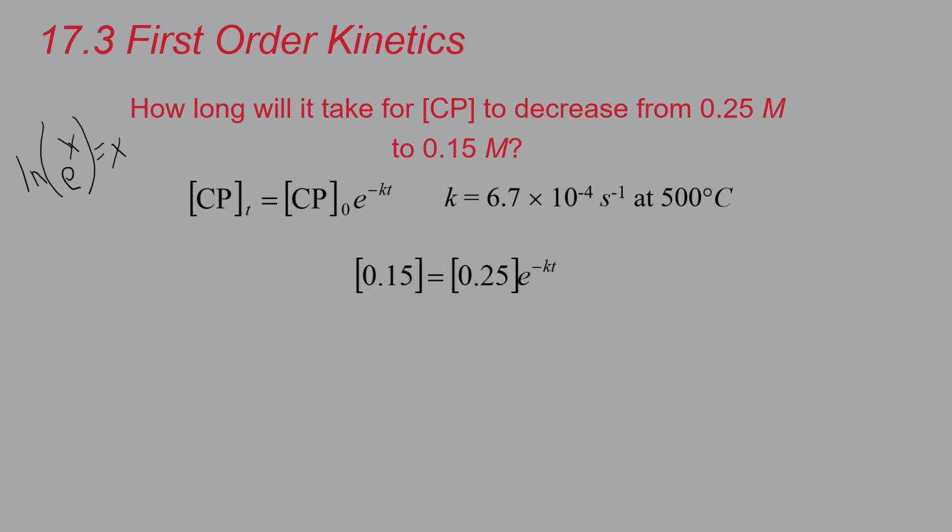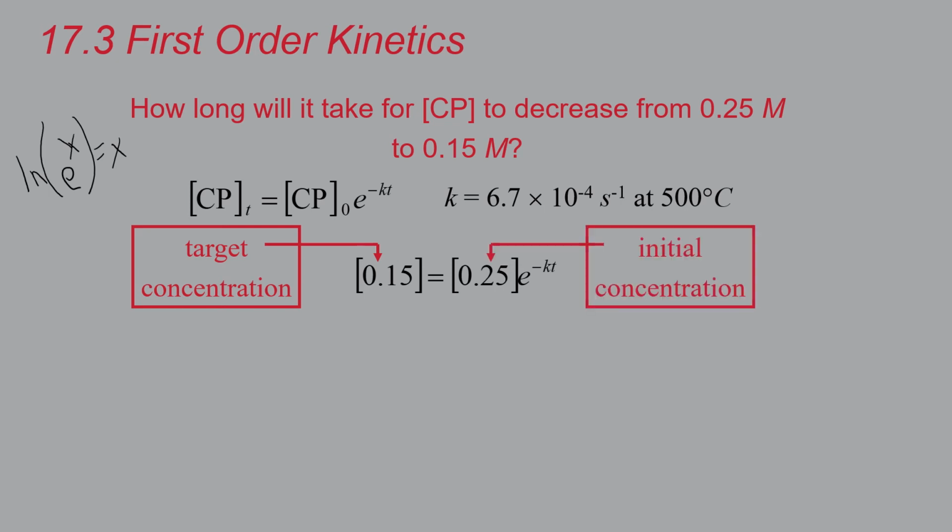So this is the setup, and let me just tell you what's what here. Obviously, this is our target concentration, the 0.15 molar, and this is the initial concentration, the 0.25 molar. And we're solving for, now we know the rate constant, so let's not put the number in there, just leave it as a letter, and we're solving for t here.